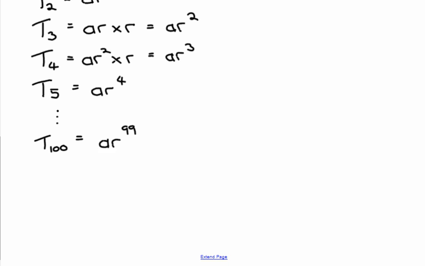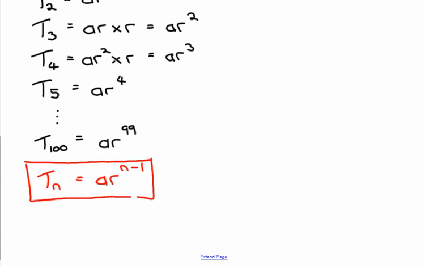So let's try for Tn. Now we know that the exponent is 1 less than our n, so we're going to have A R to the n minus 1. Now that is our formula for the nth term of a geometric sequence. So you could use that to find the nth term of any geometric sequence.